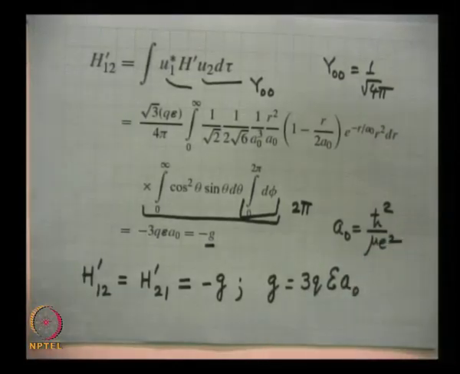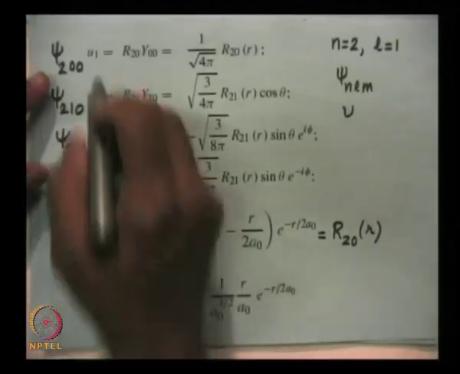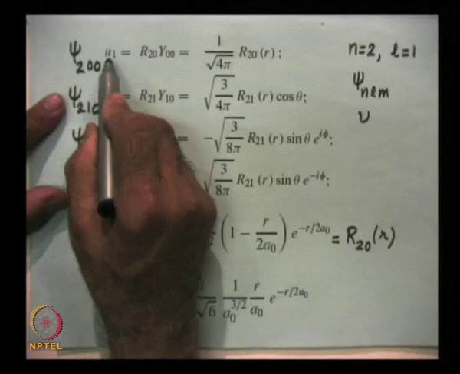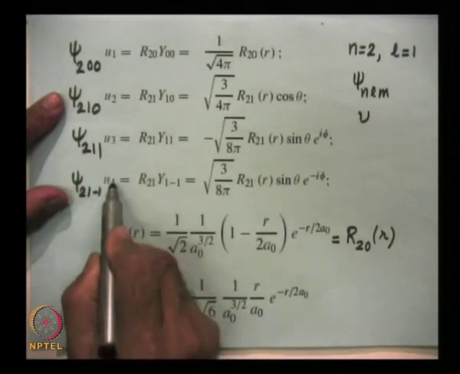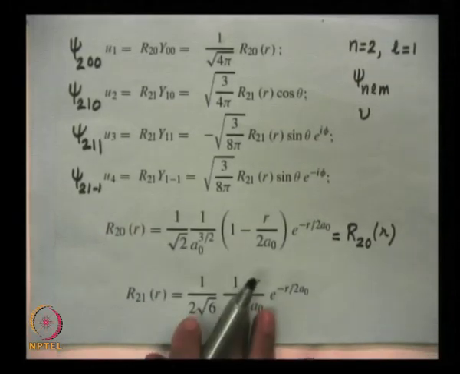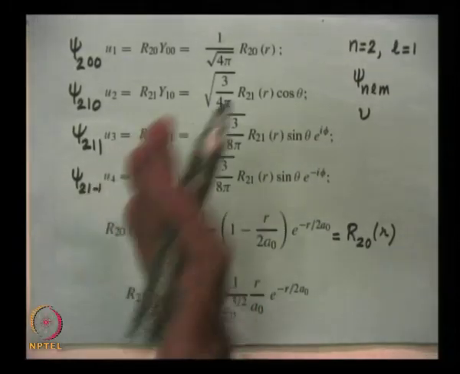So, once again, I have a four-fold degenerate state, and these are the 4 eigenfunctions u1, u2, u3, u4, and R20 and R21 are given by. We could have chosen any linear combination of them also.